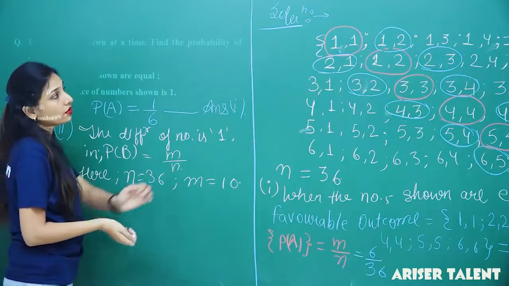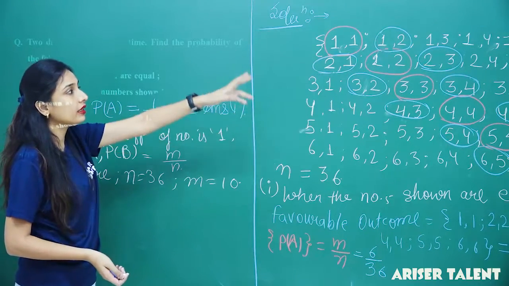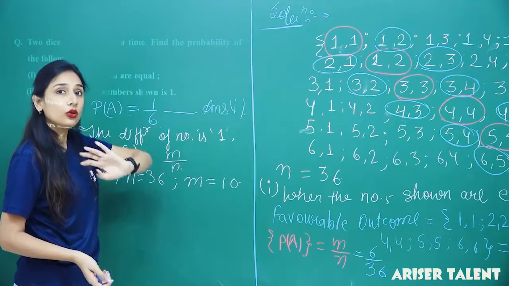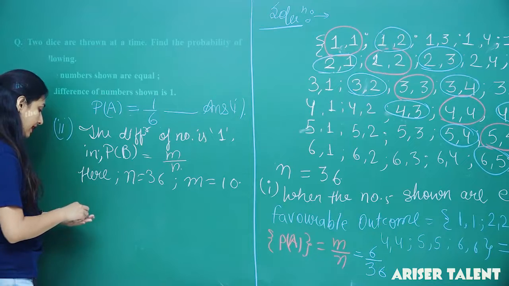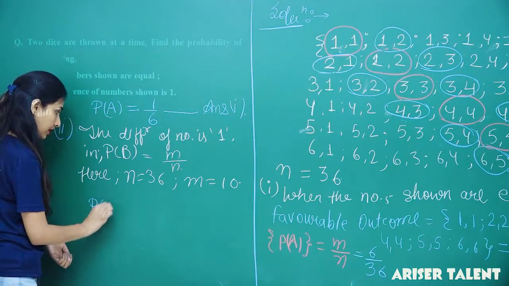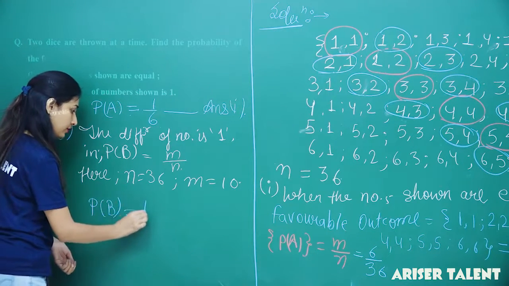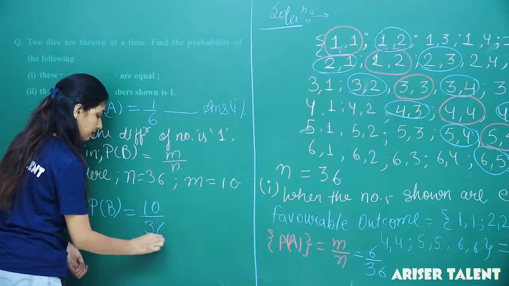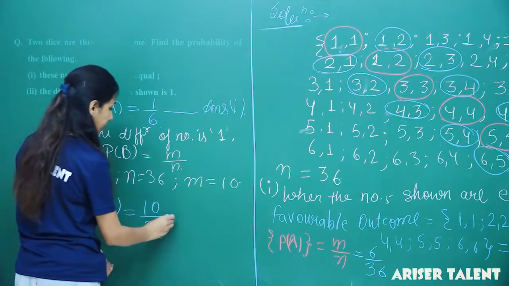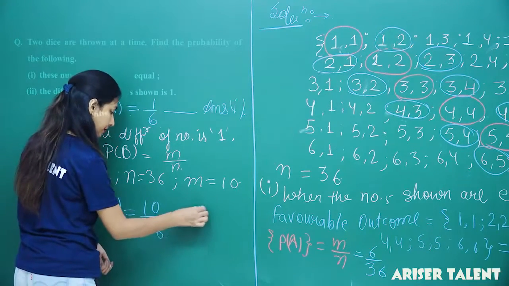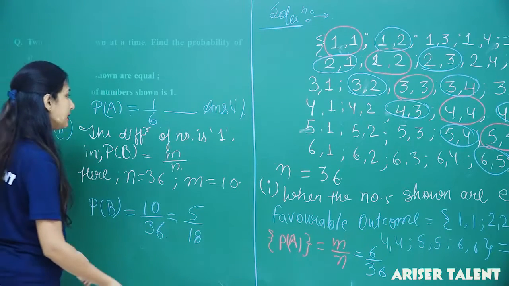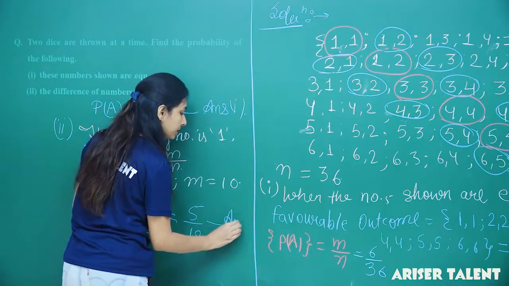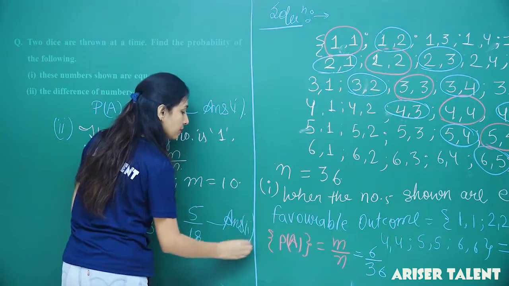How? Because of these pairs, 2, 1, 3, 2, these numbers are totally 10 in counting. So PB will be equal to 10 by 36. Now that will be 5 and that will be 18. That will be 5 by 18. That is your answer number 2, my students.